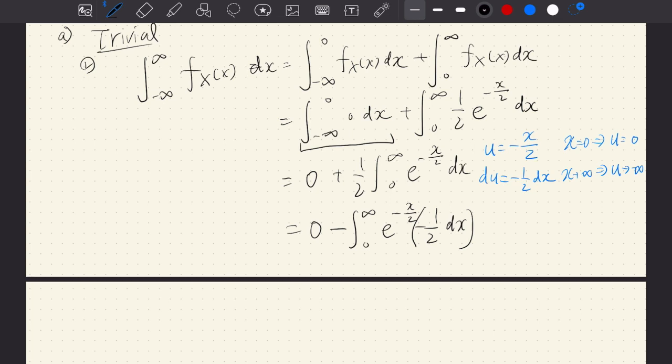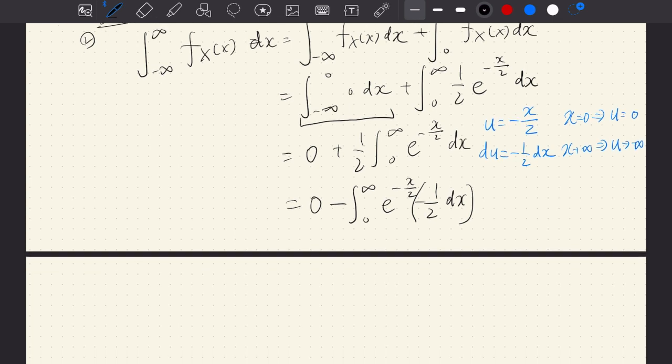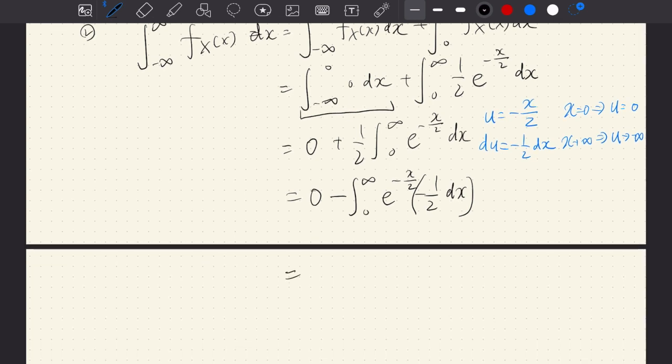Okay, so now we're prepped to do u substitution. So when we substitute into u, the infinity becomes negative infinity, right? And the 0 becomes 0. We have derived this here. Okay, and here you have e to the u, and the differential is du.